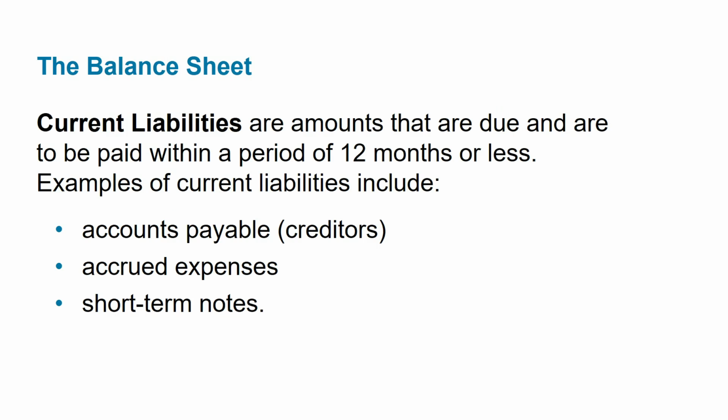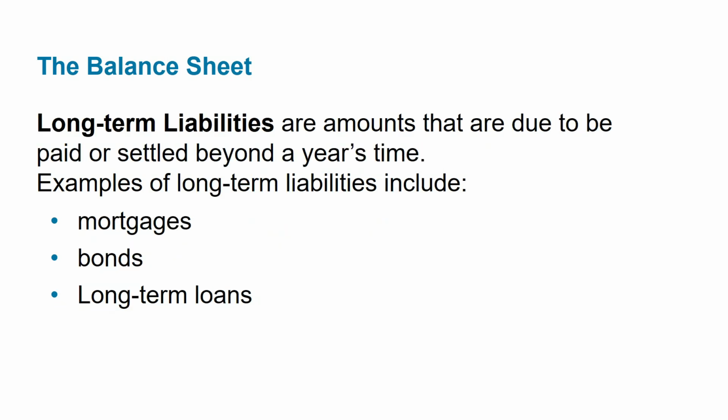Examples of current liabilities include your accounts payable or creditors, accrued expenses, which are amounts incurred but not yet paid, or short-term notes. Long-term liabilities are amounts that are due to be paid or settled beyond a year's time. Examples of that include mortgages, bonds, and other long-term loans.